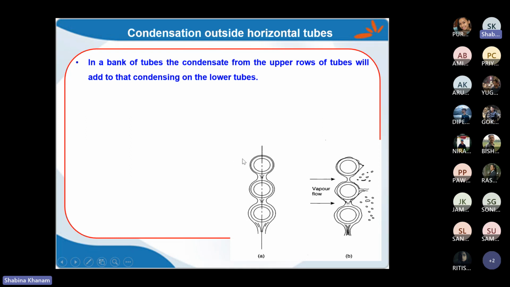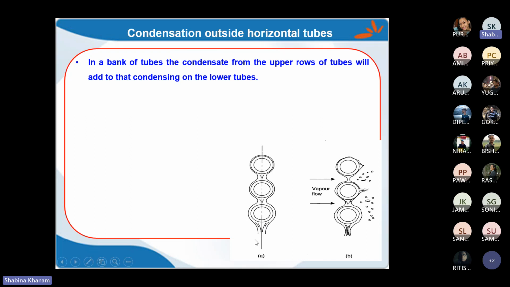If I consider HC1, which is for this particular tube, as we move down, the HC value will keep on reducing because of more film thickness, and that more thickness will create more resistance. So you will observe a lesser heat transfer coefficient.